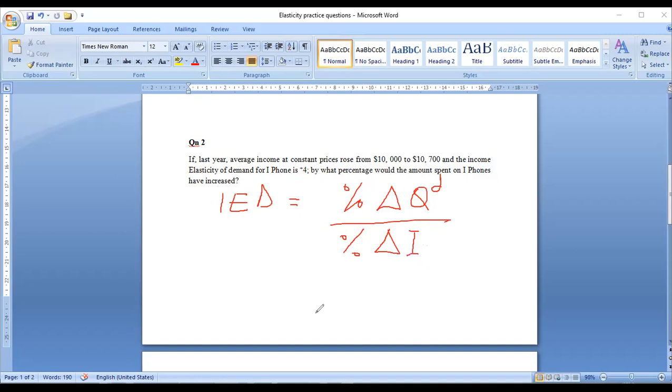Right? Well, we saw that percentage change means Q2 minus Q1, over Q1, times 100, divided by the percentage change in income, which is income 2 minus income 1.